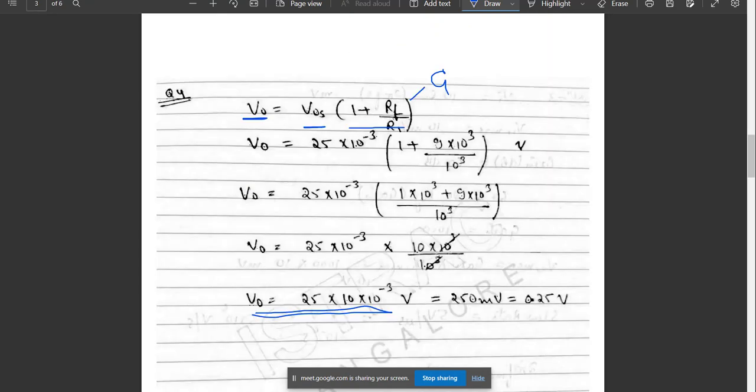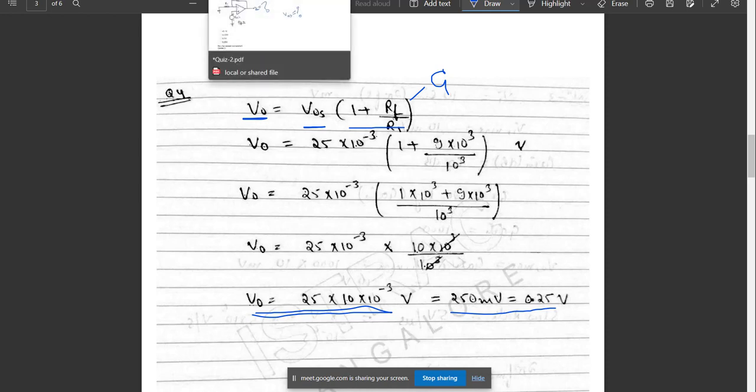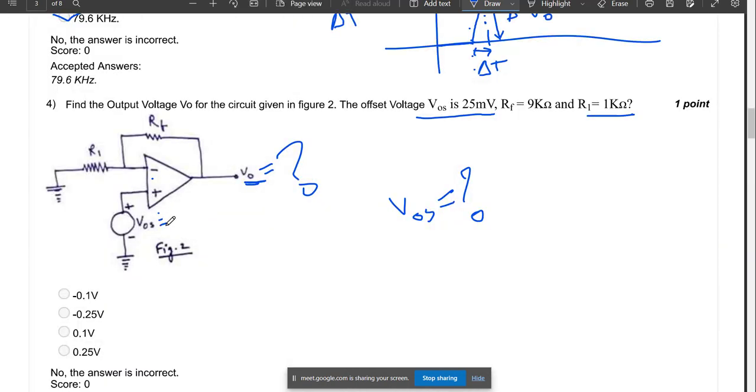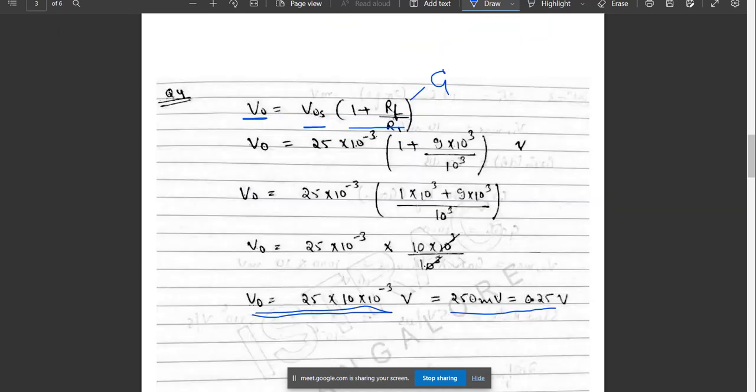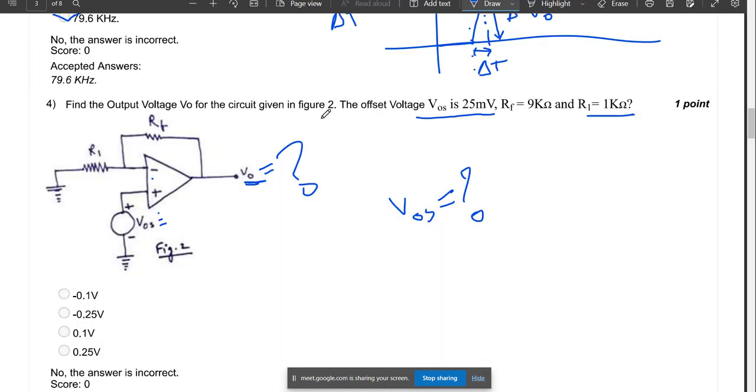We'll put the values: 1 plus 9 into 10 to the power 3 divided by 10 to the power 3, and we get 250 millivolts, that is 0.25 volts. So if our offset voltage at input is 25 millivolts, we'll get around 250 millivolts at the output of the circuit. Alright?